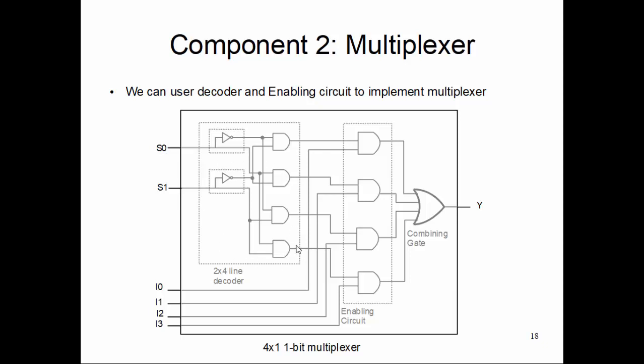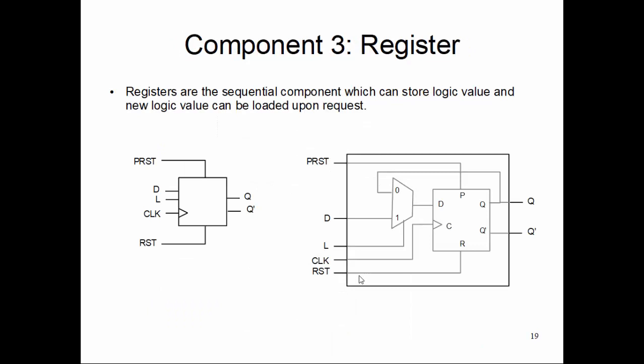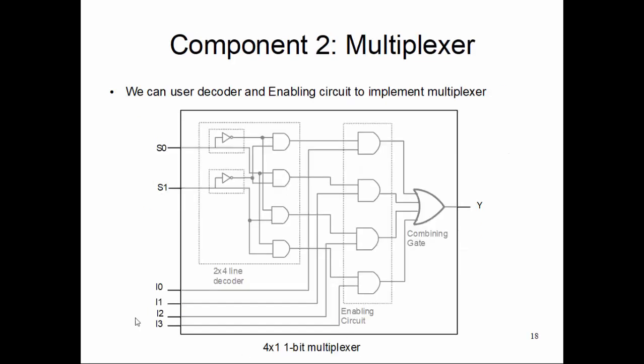And it will be driving the bottommost AND gate of the enabling side, and the other input of that AND gate is I3. So one of the inputs is 1 in this case, and whatever the I3 value is, let's say I3 is 1, then that AND gate's output will be 1, and we combine 0 or 0 or 0 or 1, the output will be 1, so Y will be 1.